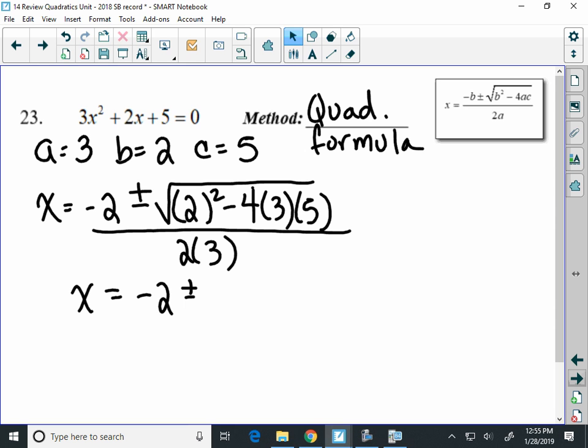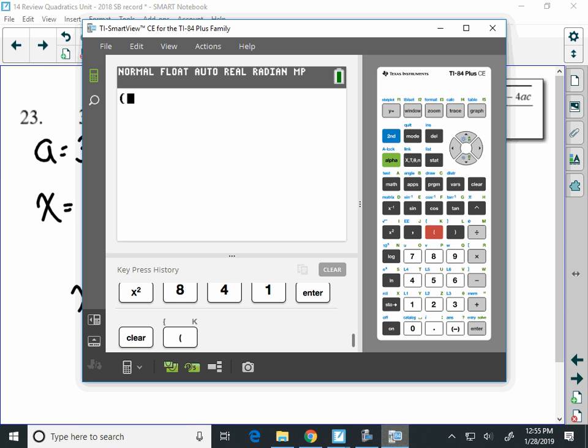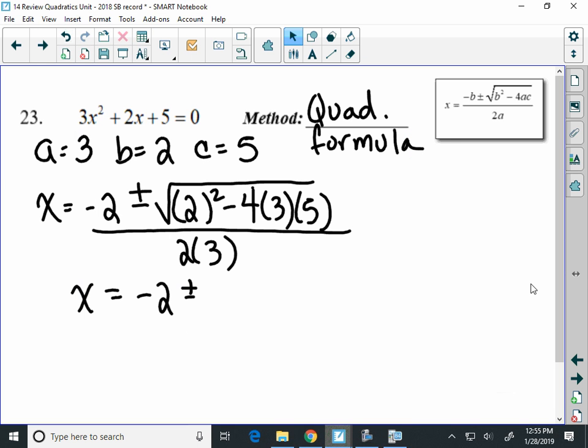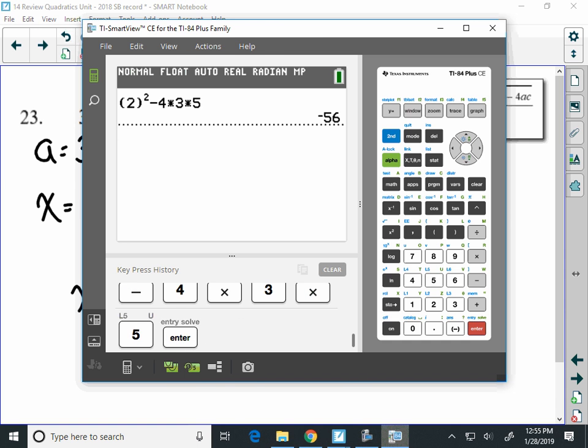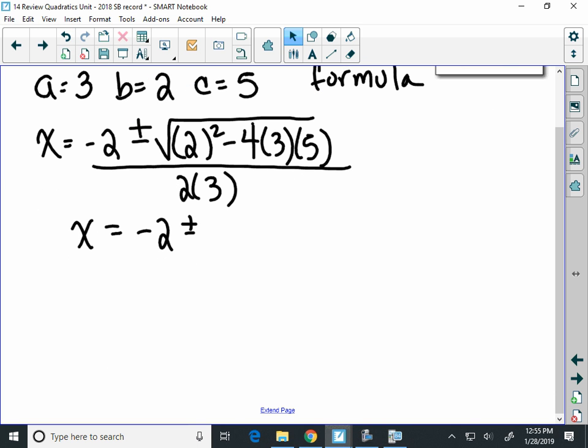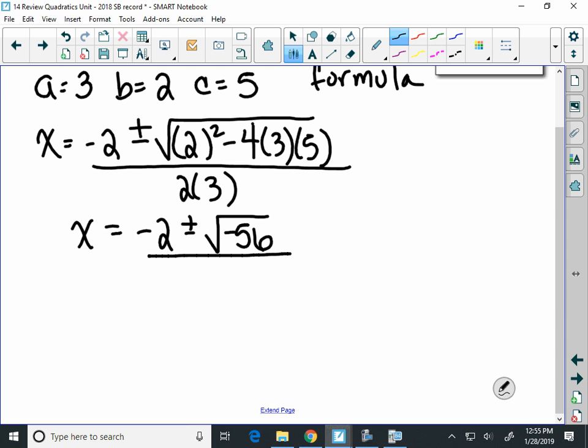I'm not going to type the radical in. So it's going to be 2 squared minus 4 times 3 times 5. We get negative 56. All divided by 2 times 3, which is 6.